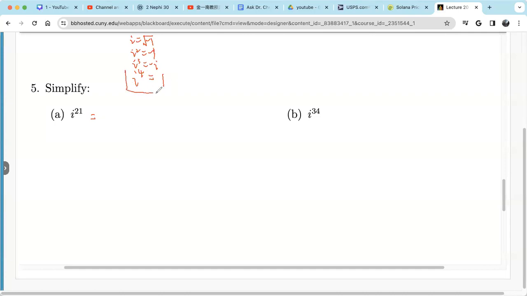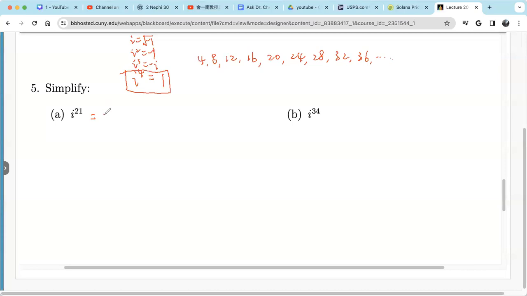So we want to use this property. We want to look for multiples of 4: 4, 8, 12, 16, 20, 24, 28, 32, 36, and so on.